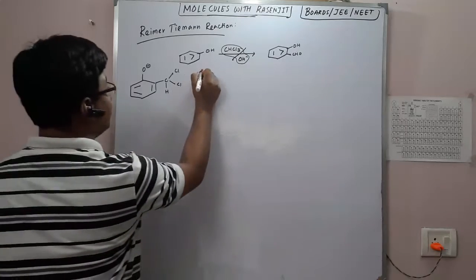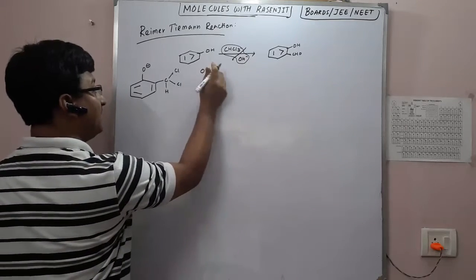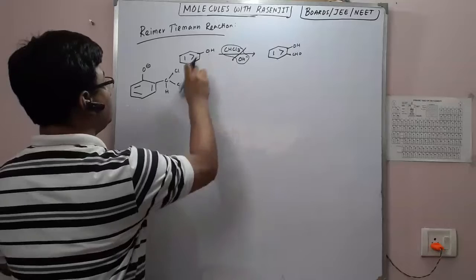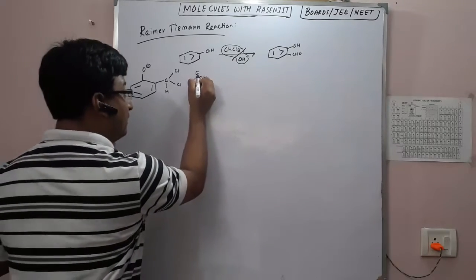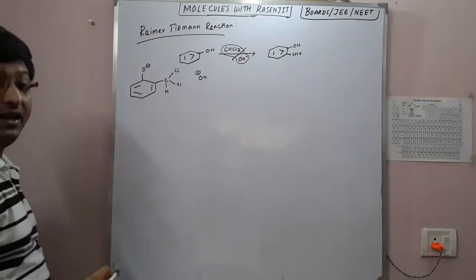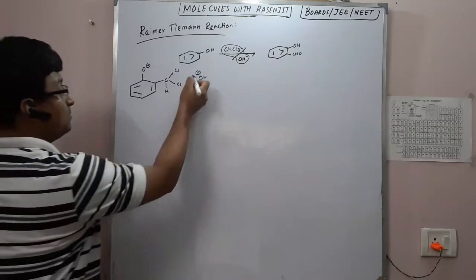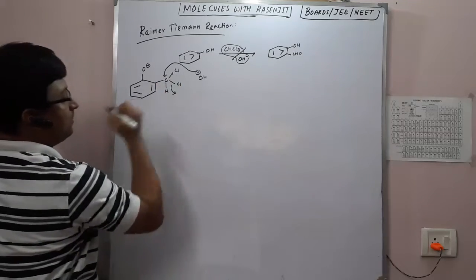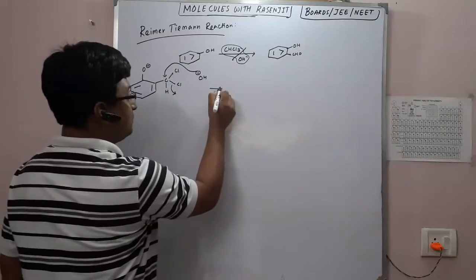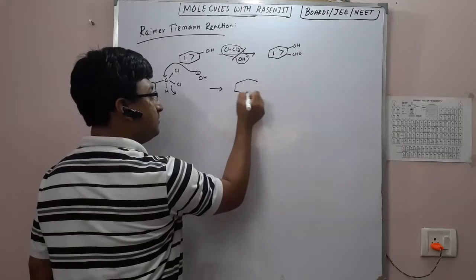The OH minus here will behave as a nucleophile. What will happen? It will attack this center and release the chlorine. So what will happen in the next step?